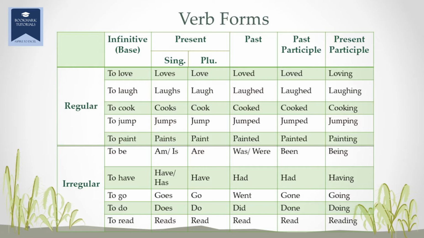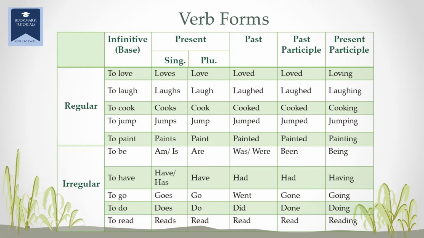I am and he is or she is, and the plural form of the same is are, and the past form is was and were. Again, the past participle is been, the present participle is being. We can see that it does not follow a pattern here.